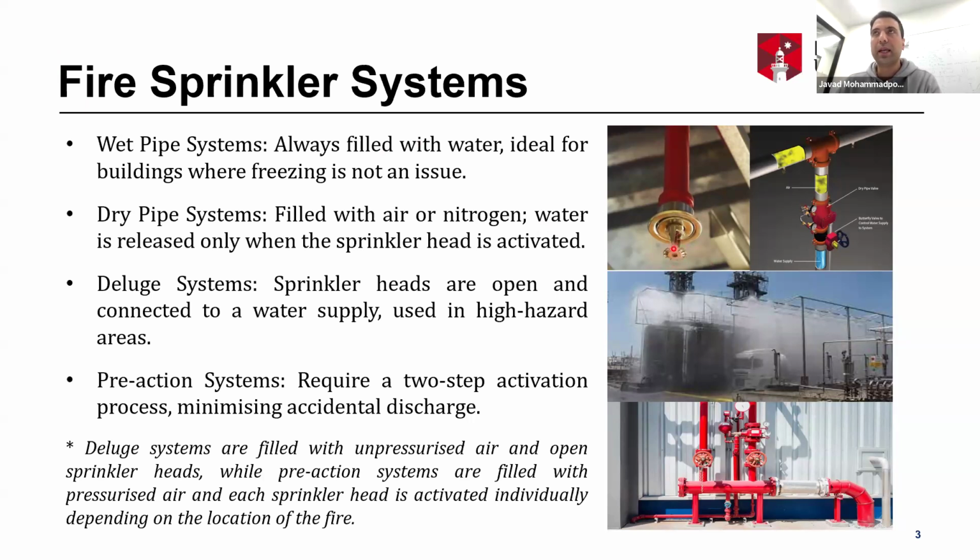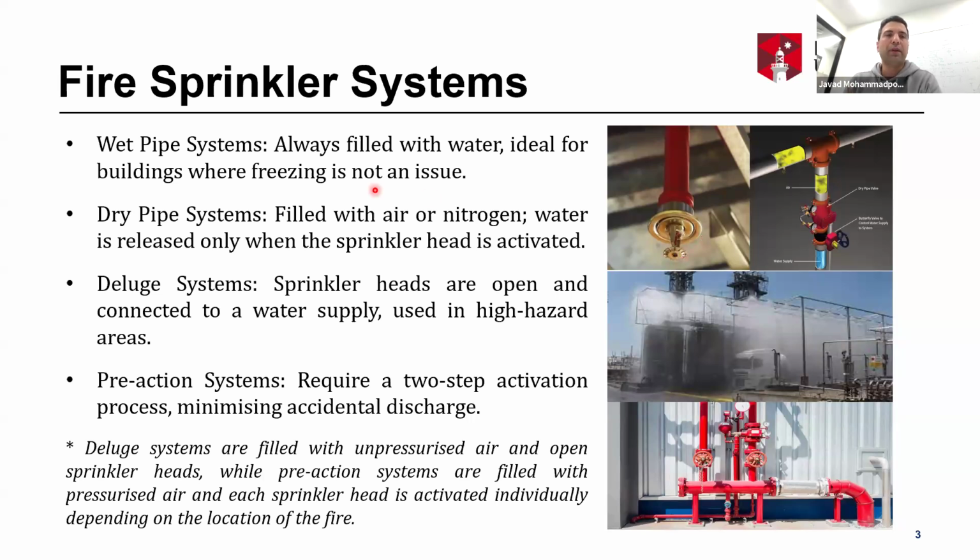Generally, the sprinkler head acts like a plug. When the temperature of the liquid increases because of the heat, it starts breaking the bulb. And in this way, we have the spray of water.